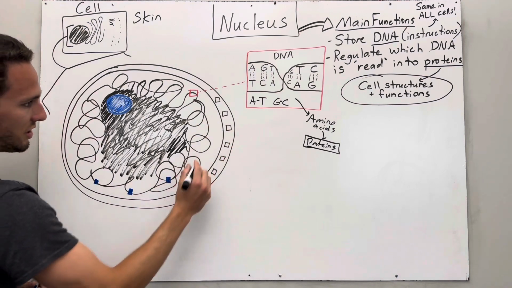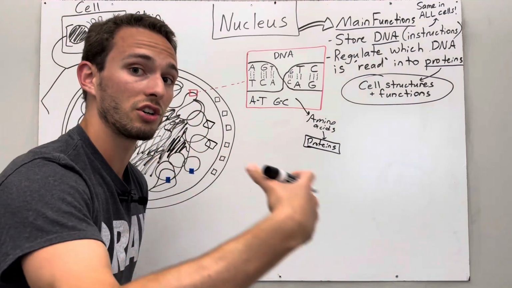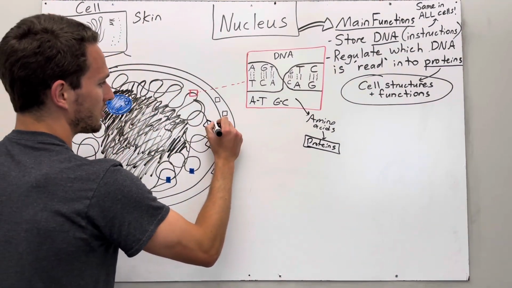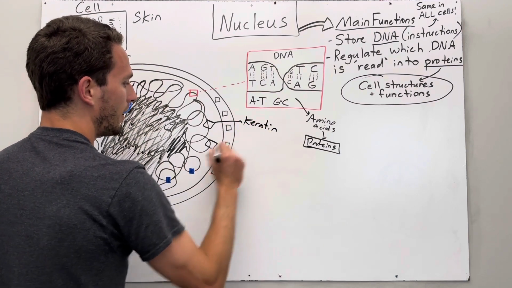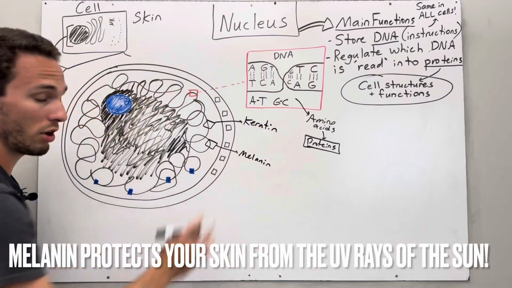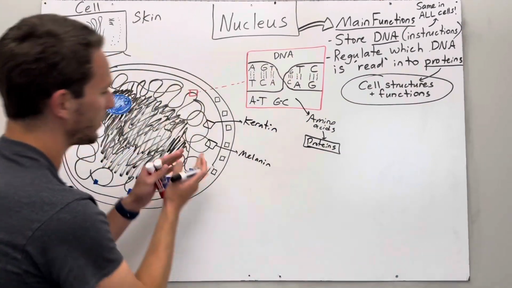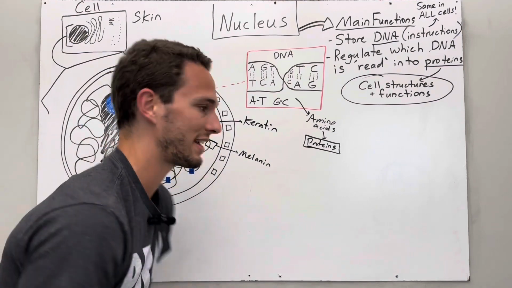And each of these segments of DNA are going to be important for the structure and function of the cell. So for example, let's say this little DNA segment codes for the protein keratin, and this one codes for melanin. 2 very important proteins for your skin cells. They are going to be found on the outside where it's easily accessible. Now I'm going to get to that here in a second.